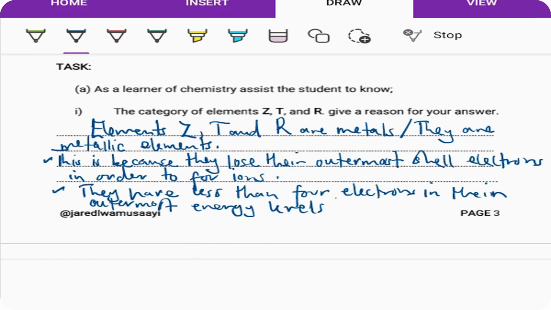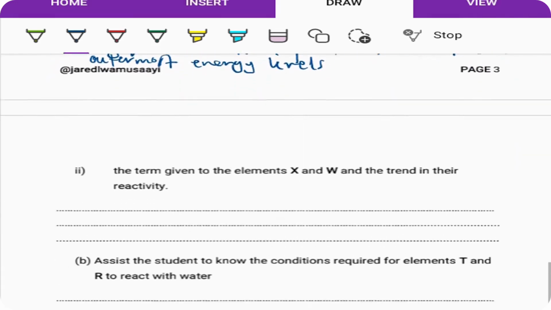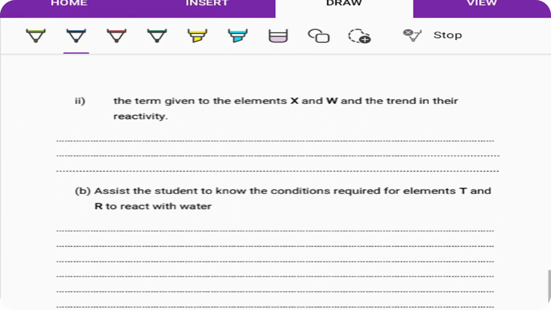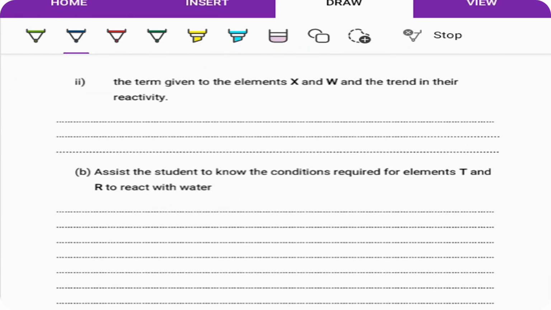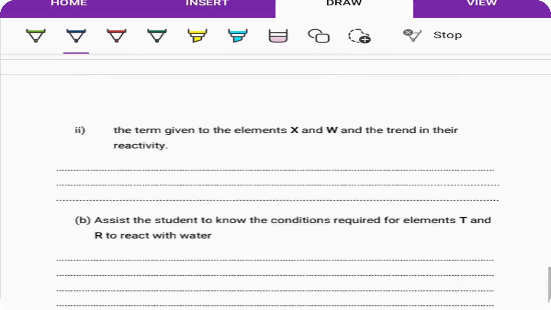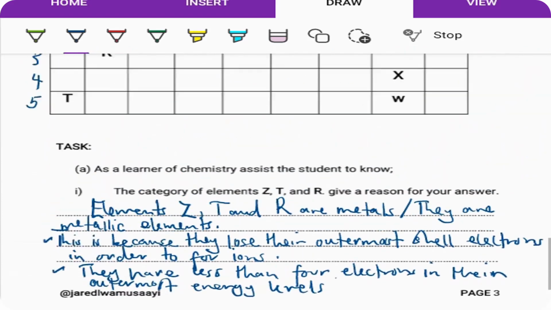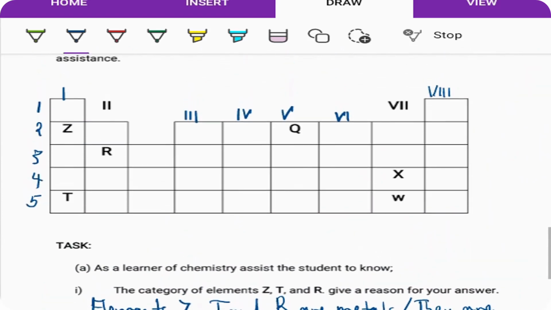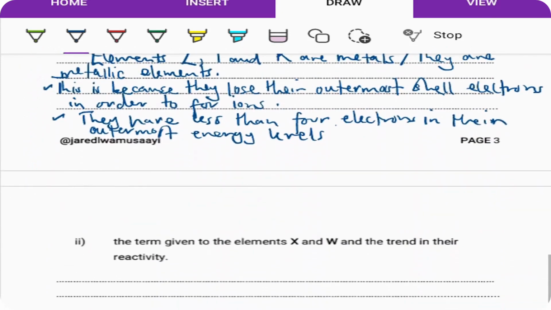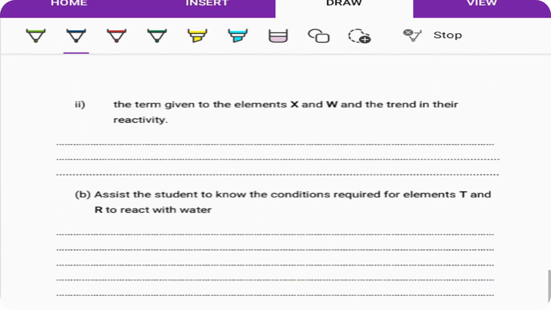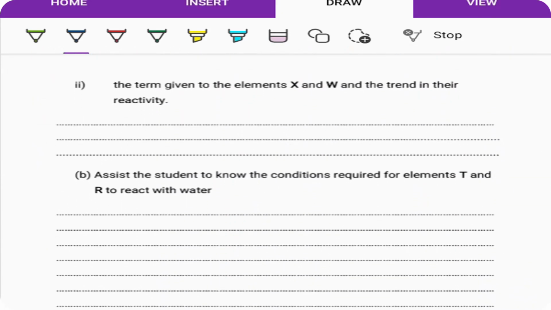So we can now go to Roman number 2 of item 2. The term given to elements X and W and the trend in their reactivity. So we can cross check where X and W belong. X and W belong to group 7. So which term is given to those elements in group 7?